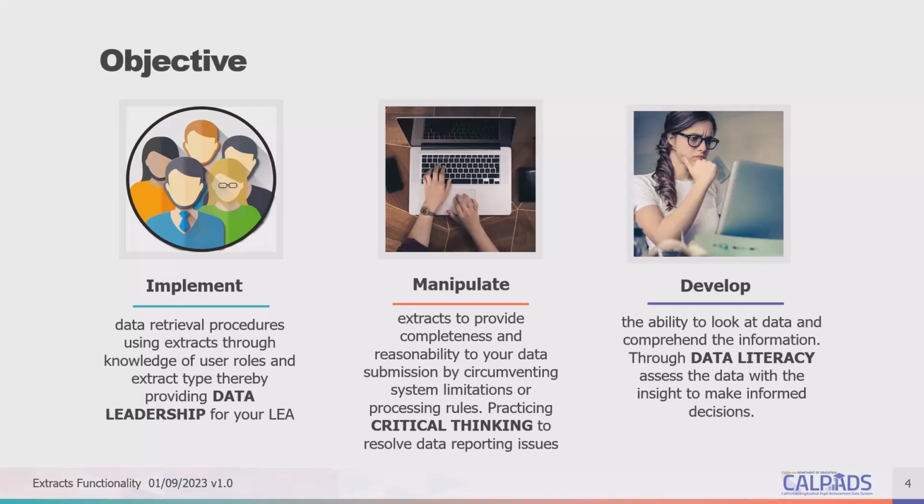Secondly, by the end of today's training, we would like users to be able to manipulate extracts to provide completeness and reasonability to your data submission by circumventing system limitations or processing rules, practicing critical thinking to resolve data reporting issues. And lastly, learners will be expected to develop the ability to look at data and comprehend the information. Through data literacy, assess the data with the insight to make informed decisions.